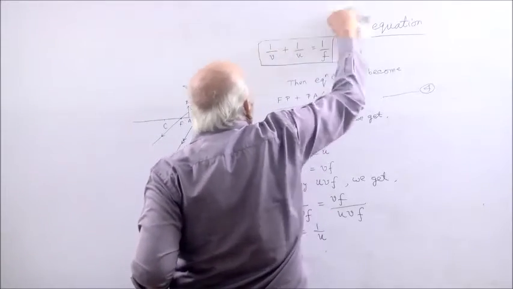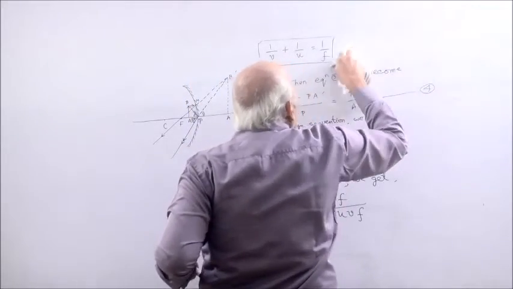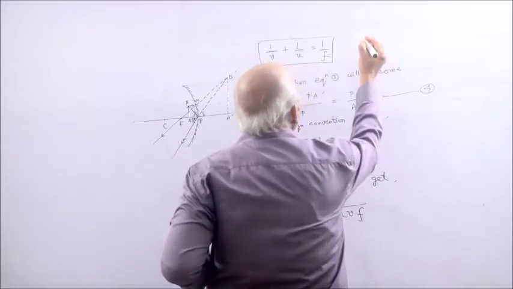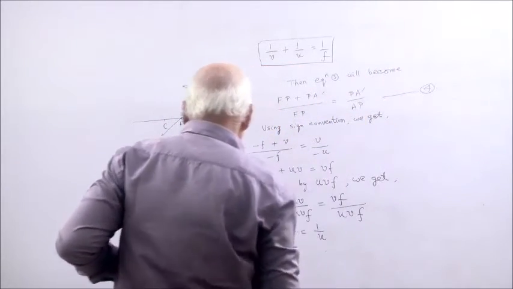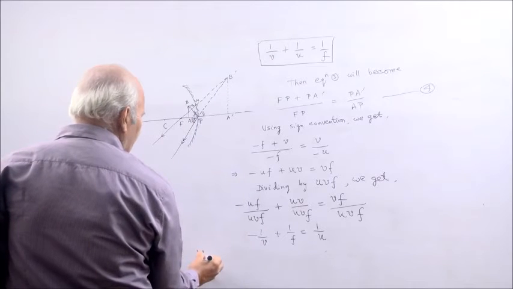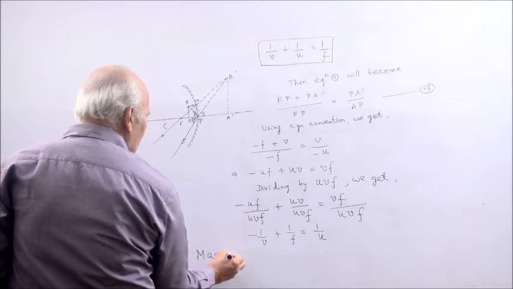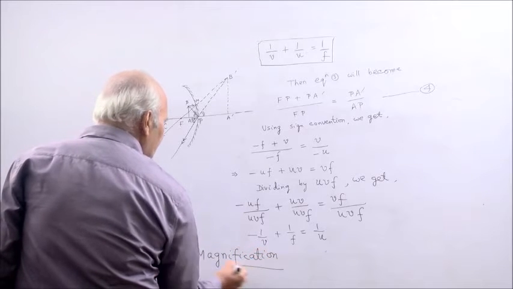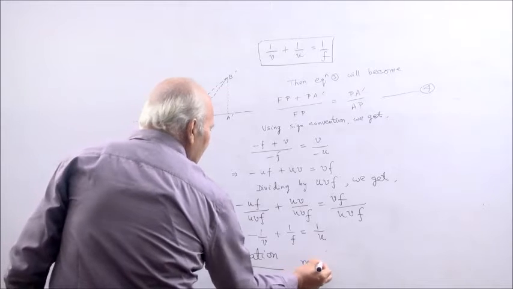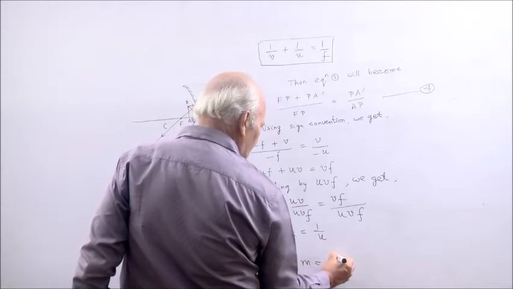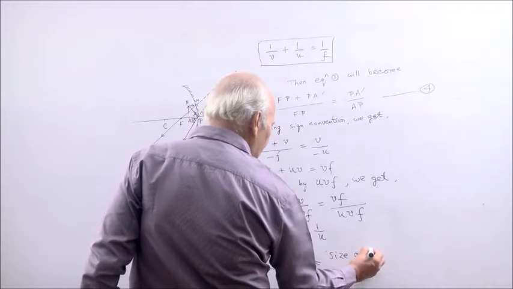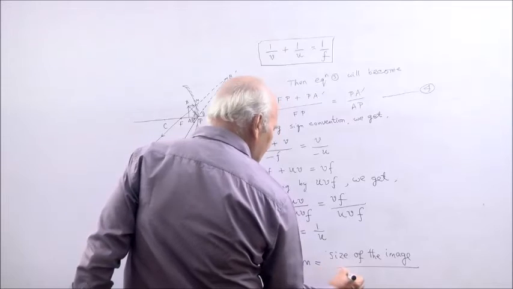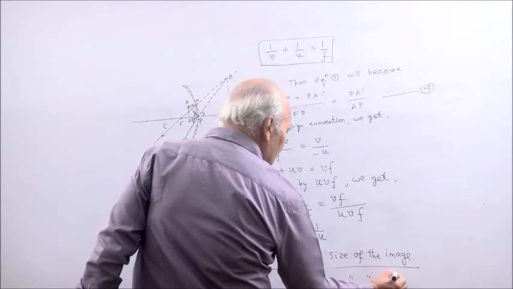Then what do we do? We have to find the magnification. Magnification is the ratio between the size of the image and the size of the object.